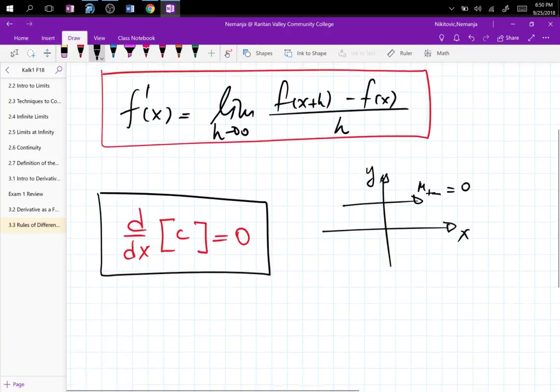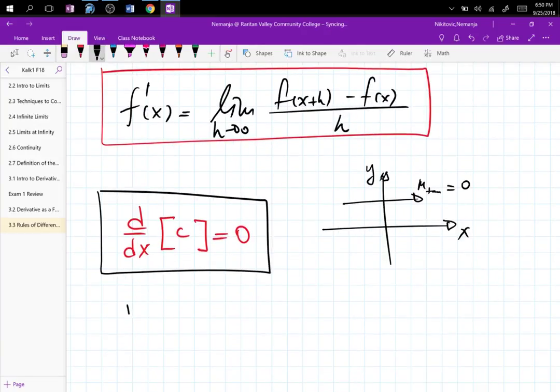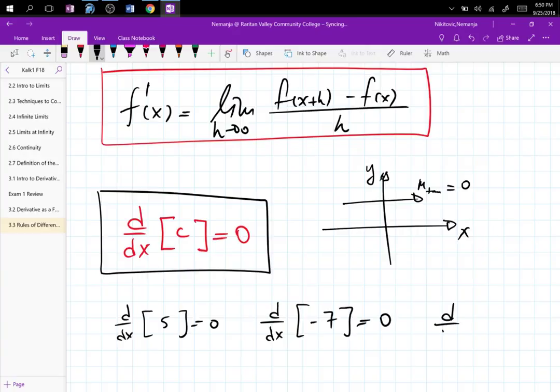Great. So now that means that all of these examples, like the derivative of 5 is 0, the derivative of negative 7 is 0, the derivative of pi is 0. All of these are 0 because you are taking the derivative of a constant.